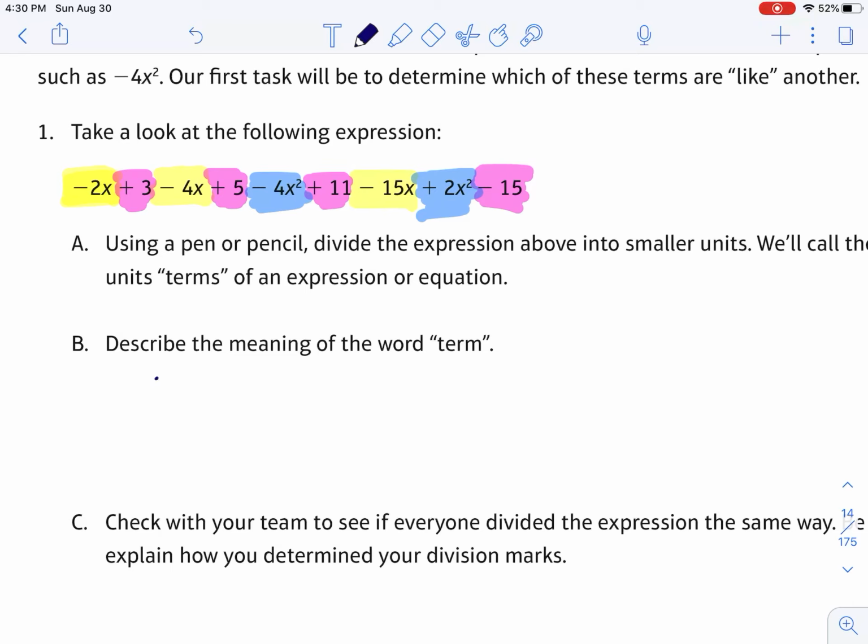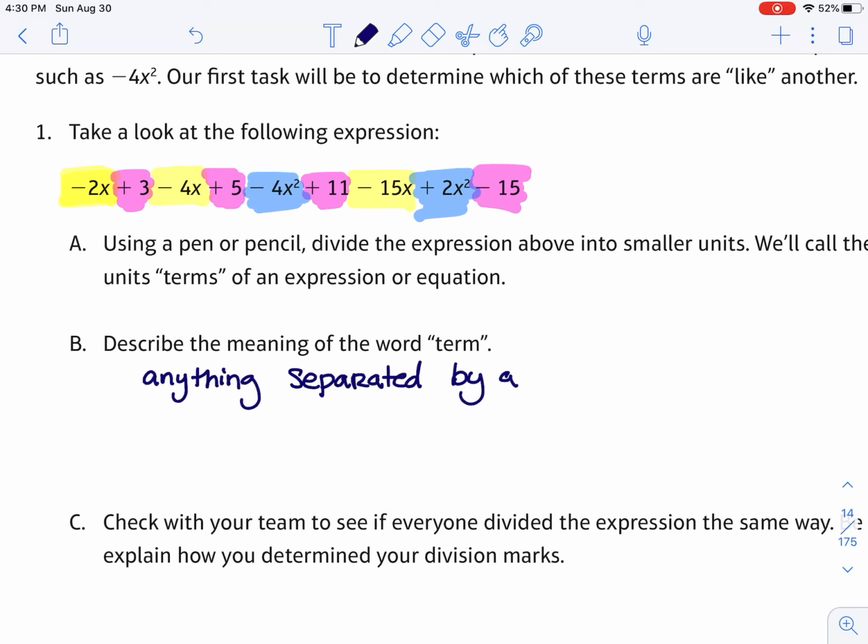So a term is anything separated by a plus or minus. So that negative 2x is a term. The positive 3 is a term. That negative 4x is a term.